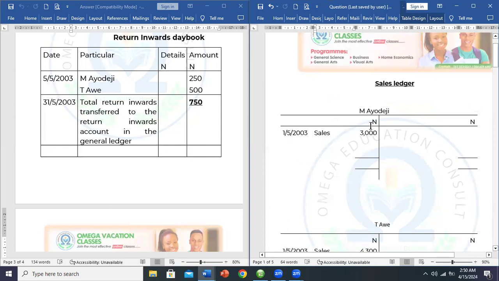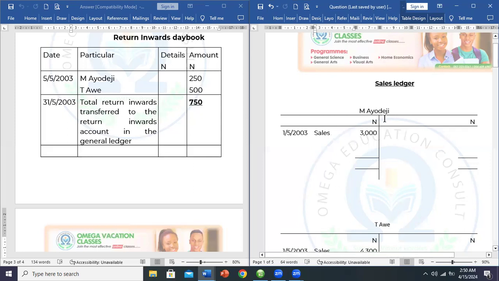When a debtor returns goods, the entries are that we debit returning goods and we credit the debtor. So here we are going to credit Ayodeji because Ayodeji was giving the goods back. And if you remember the double entry principle for persons, debit the receiver, credit the giver.